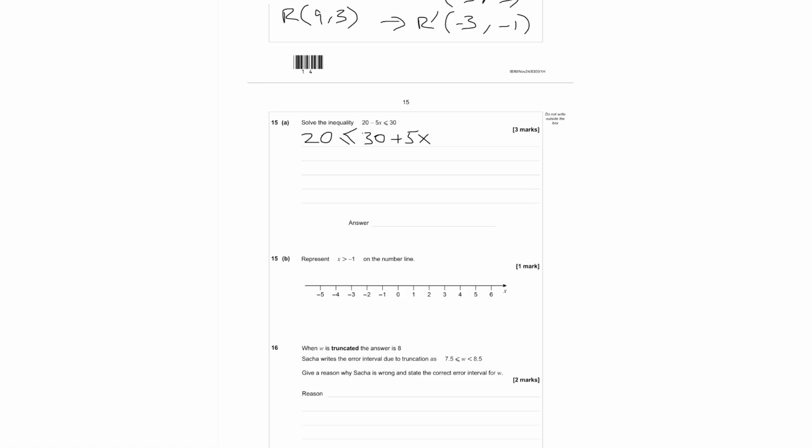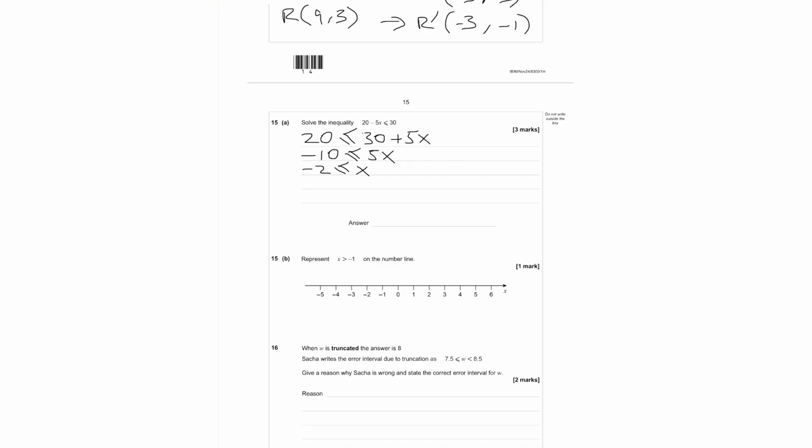We can then subtract 30 from both sides, and we get minus 10 is less than or equal to 5x. And then if we divide both sides by 5, we get minus 2 is less than or equal to x.